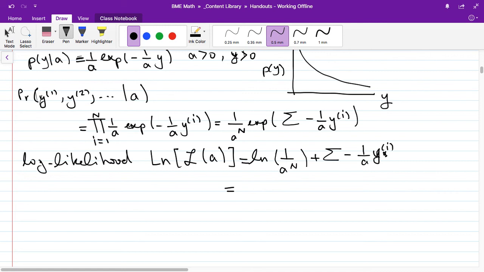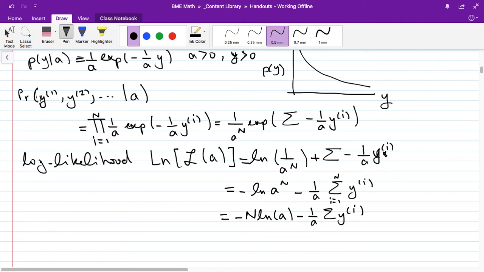Log of 1 is 0, so we get minus natural log of a to the n, and then I have the second term, minus 1 over a times the sum of y_i, and I have n of these. So this is equal to minus n natural log of a minus 1 over a times the sum of y_i.